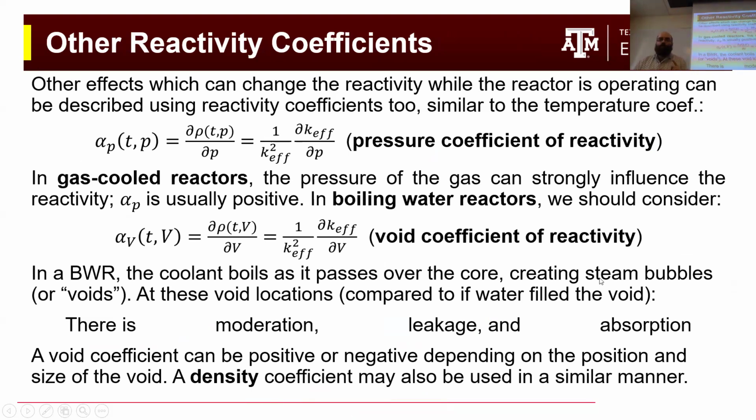So when we talk about the pressure coefficient of reactivity, it's more important in gas reactors because the pressure has more of an effect on the gas, whereas in our reactors, they're mostly pressurized water reactors. That means that water is the coolant and it is operating at a very high pressure.